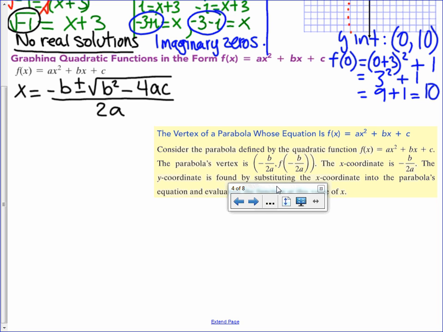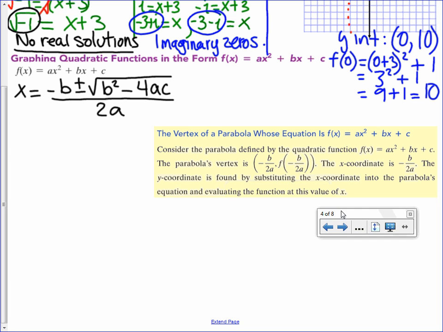So for the vertex, what we're going to do is find negative b over 2a. That will be the x-coordinate of the vertex. And so that one, in case you forget, it comes from here, from the quadratic formula. Let's do negative b over 2a. So we have negative b over 2a.